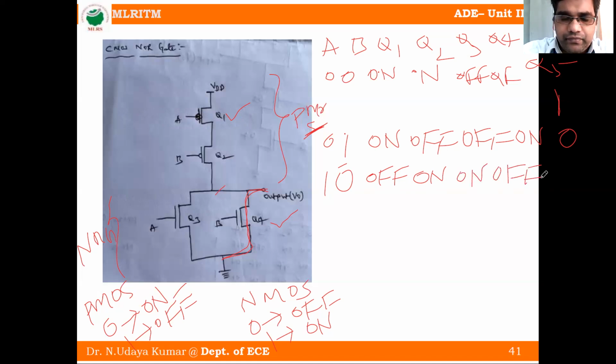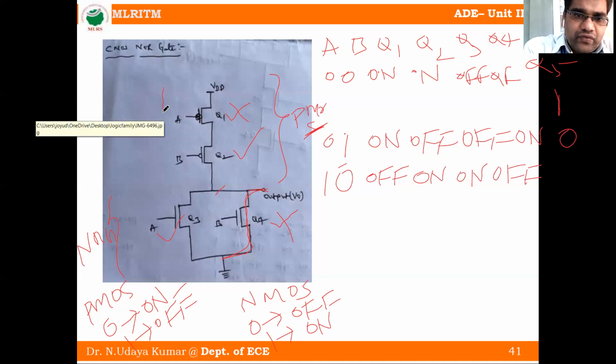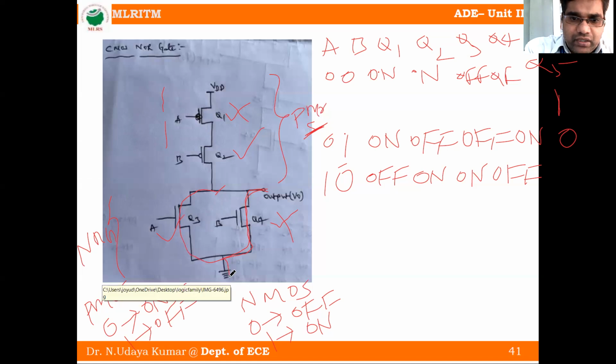That means Q2 is on, Q1 is off, Q4 is off, and Q3 is on. From VDD, Q1 is off, so it is an open circuit. There is no path from VDD to the output. And Q3 is on, so the output is short circuited to ground. That means this terminal is directly connected to the ground. So finally we will get output as 0.